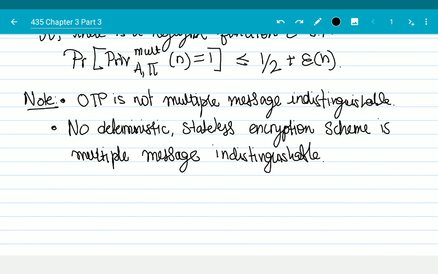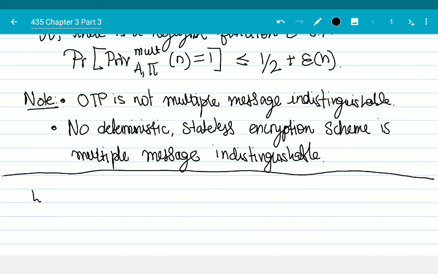So is this really what we want? Generally, we are not going to be working with this. So the note ends here. We will not be working with multiple message secrecy.